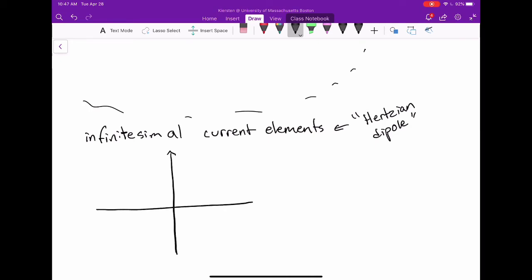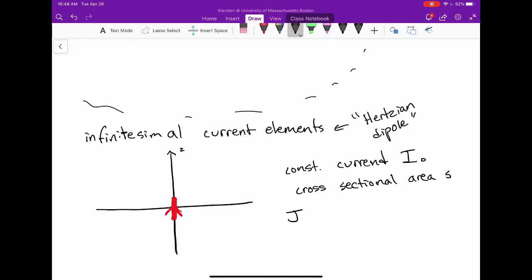Here's our coordinate system. Let that be the z-axis there. We're going to assume that we have a very short element of constant current, and that's the total current, I naught, and it has cross-sectional area S. So our volume current density, J, is going to be z hat I naught over S for z within the range minus L over 2 to L over 2.